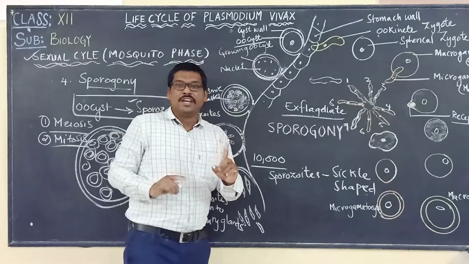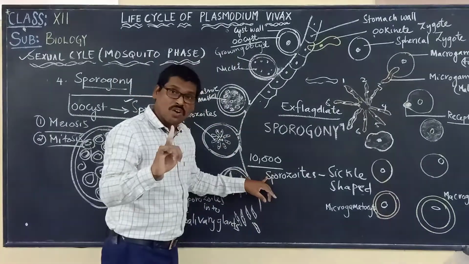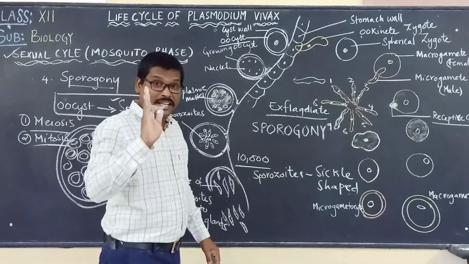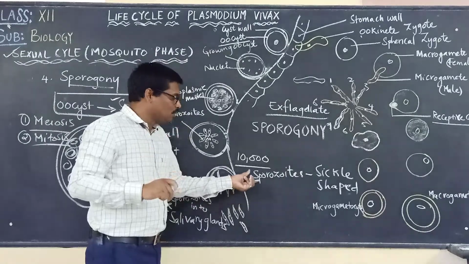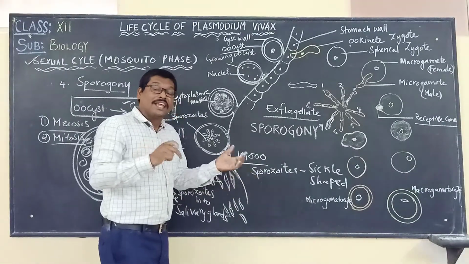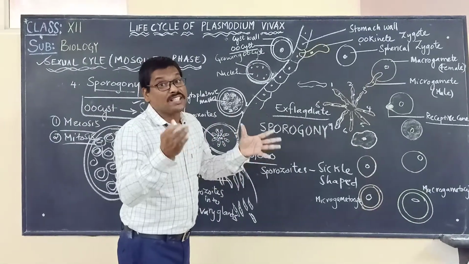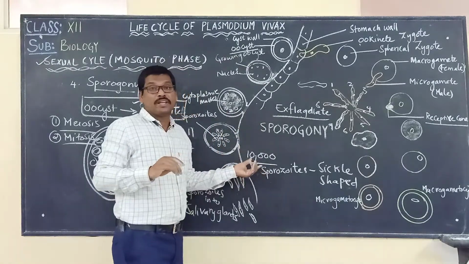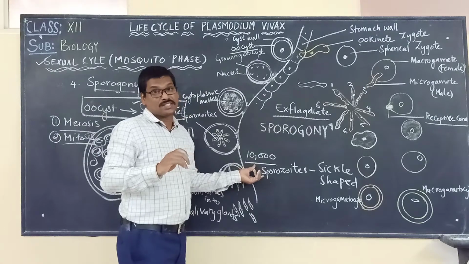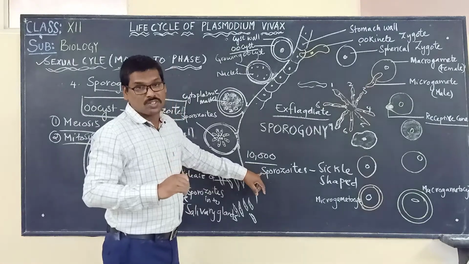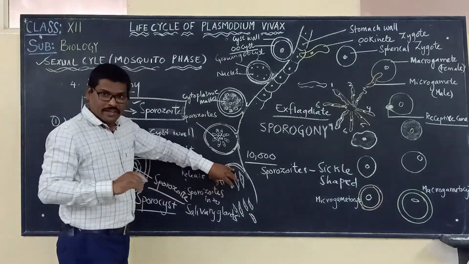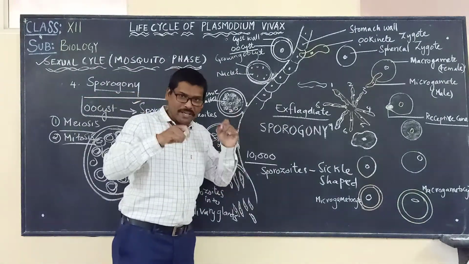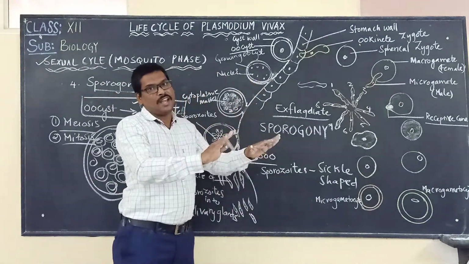And please remember, these sporozoids will not be present only in the salivary glands of the mosquito. Through the blood of the mosquito, they can also reach different organs of the mosquito, which will also have sporozoids. Once they reach the salivary glands, they reside there.